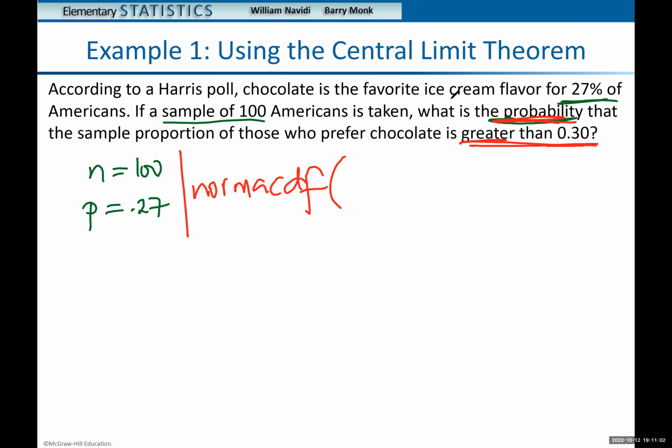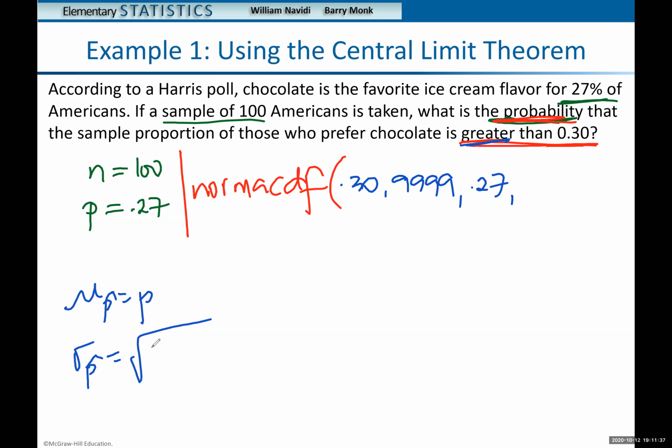If it's greater than 0.30, is it lower or upper? Greater than, so this 0.30 is the lower, and the upper is, let's say, 9999. Then remember the mean of p hat is equal to p, and your p is 0.27. And the standard deviation is the square root of p times 1 minus p over n.